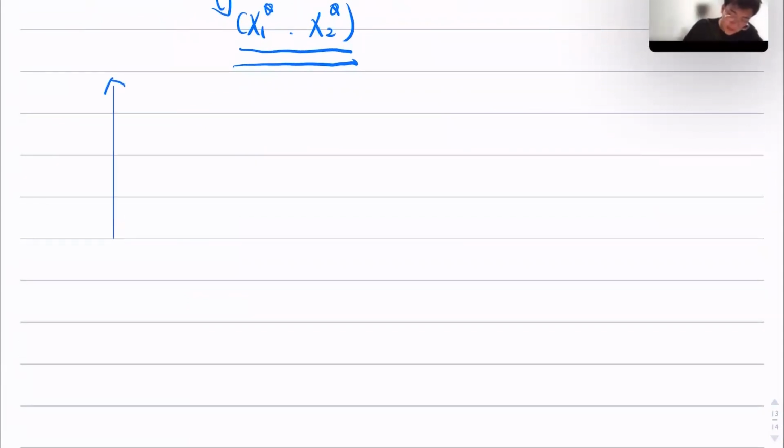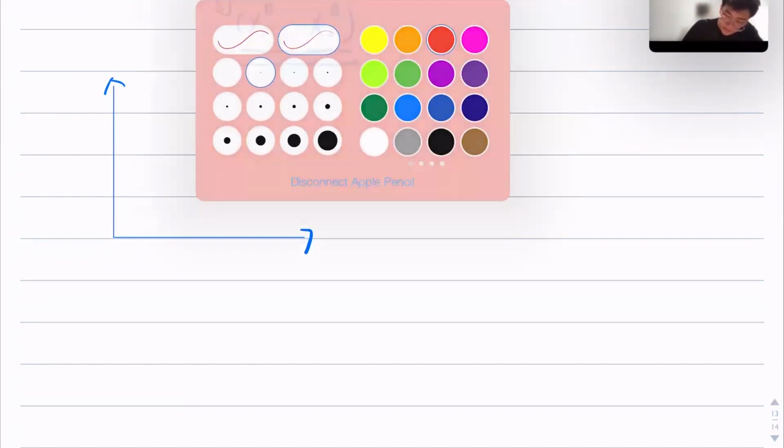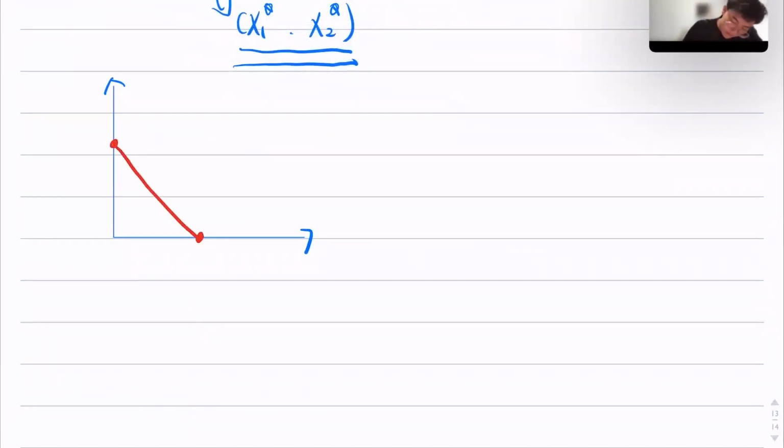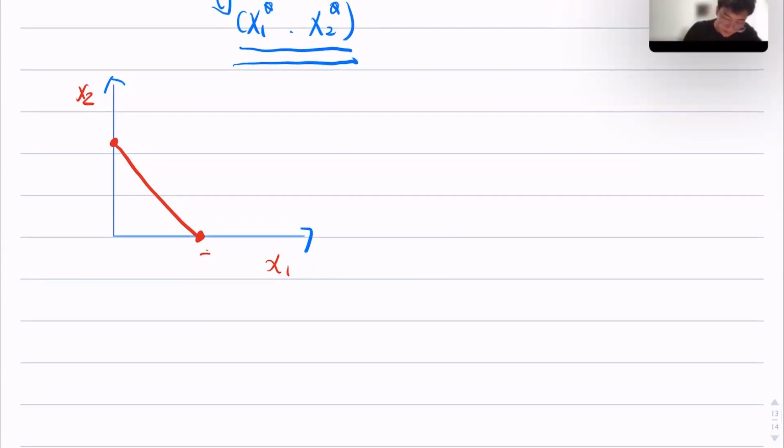Geometrically, you have your budget constraint, and you have x1 and x2, the x-axis and the y-axis, which basically represent how many goods you can consume. For example, you have 5 here and 6 here.